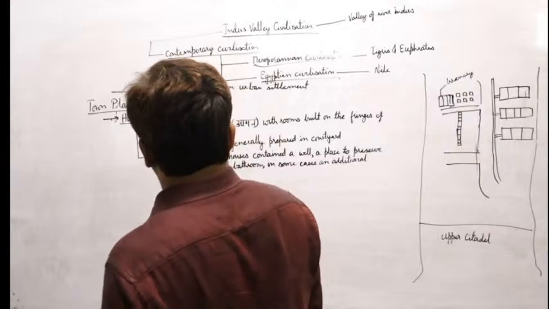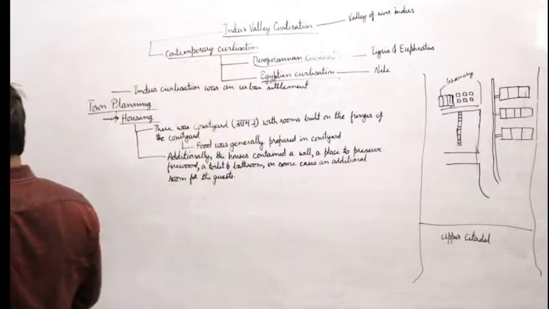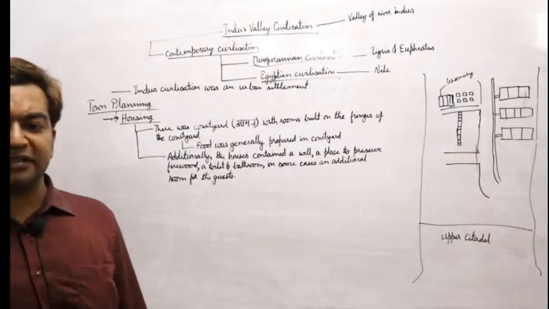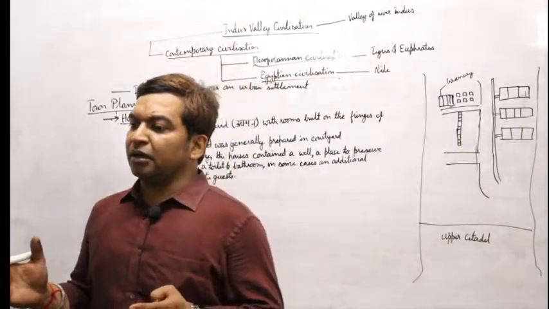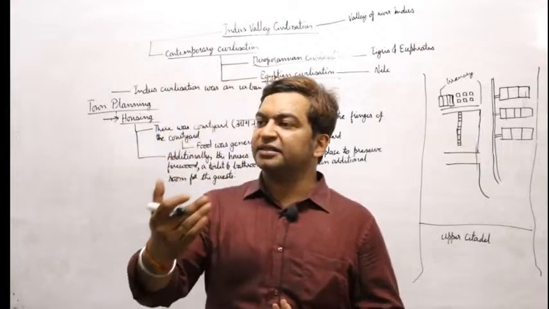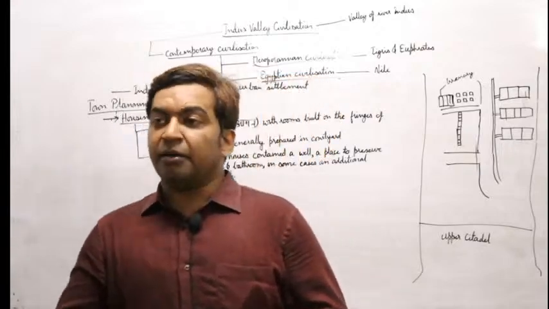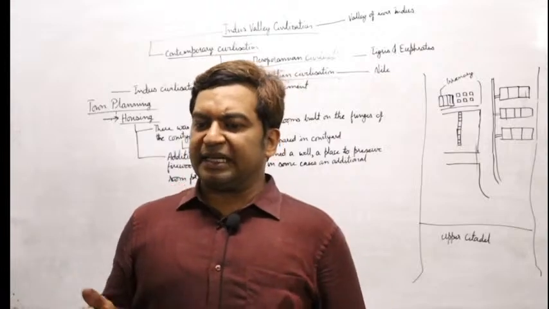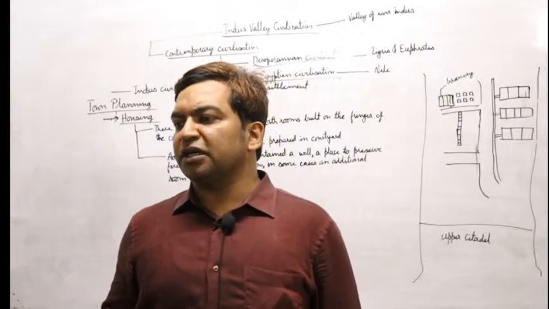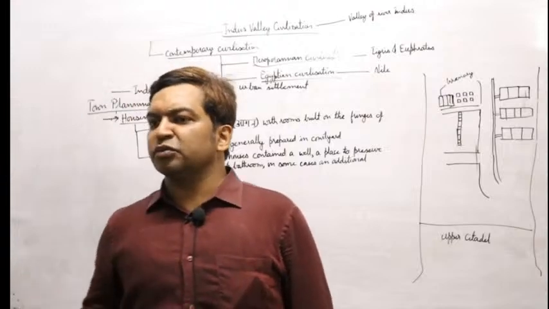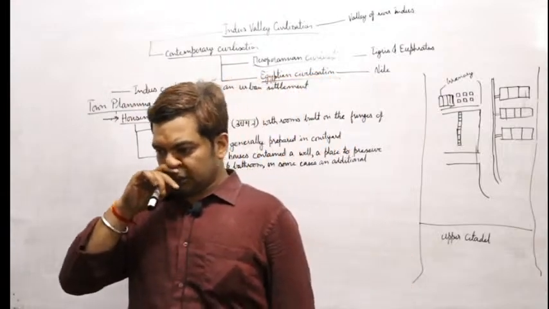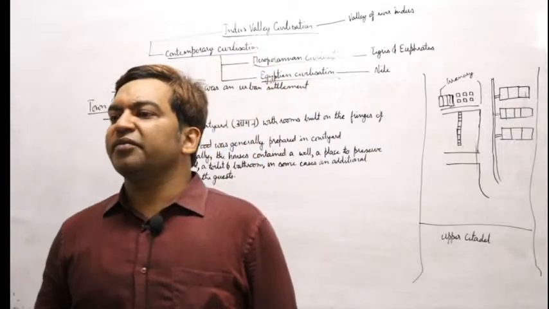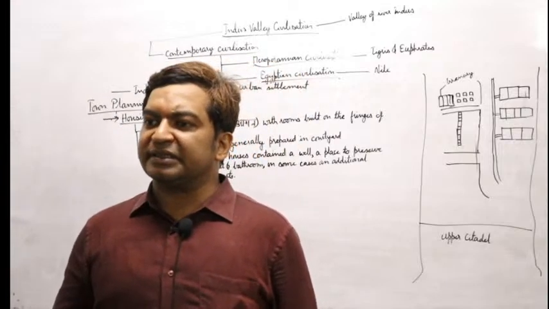Okay. Now, however, the point to be noted is that though we have discussed that none of the houses had front entrances, in some places like Surkotada, Dholavira, Lothal, we also find few houses which had front entrances.